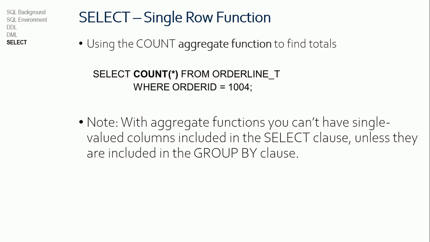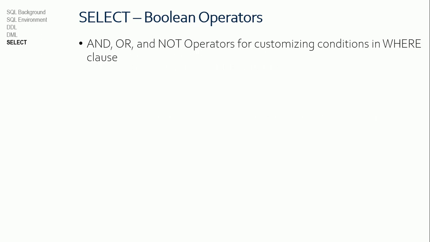So once I put count star, I can't select any other columns unless I add a group by that includes those columns, because you have to tell it how to group when you do aggregation. Otherwise, it doesn't know how to apply that aggregation to the other columns. And you'll see an example of that in my other video.